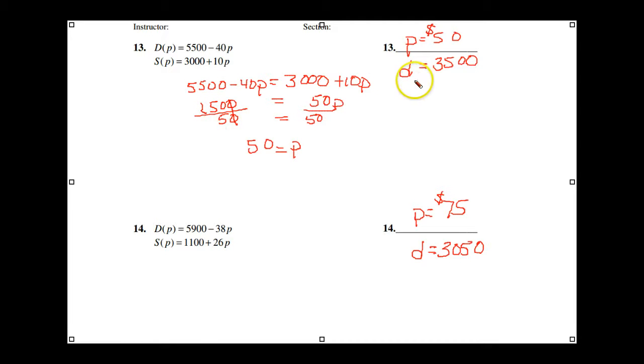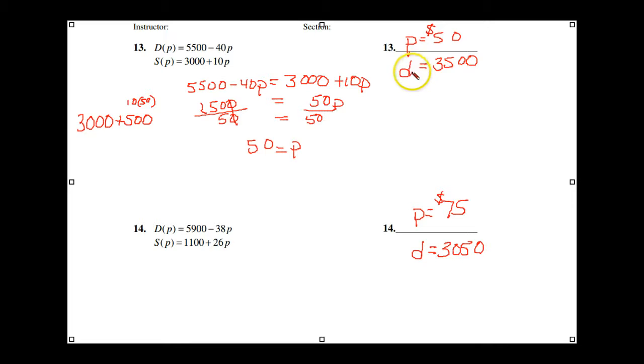Now, how do I get my demand? Well, I put in this original equation, p right there is 50. So our p is 50. So it's 10 times p is 500 plus your 300 gives you your 3,500.